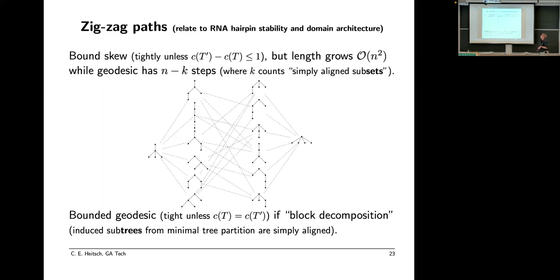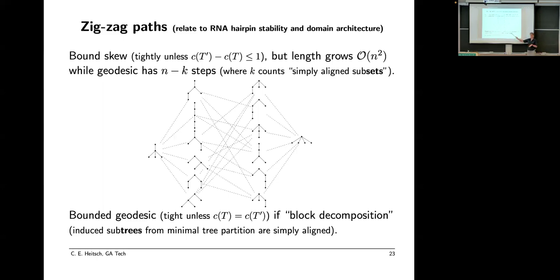And so an interesting question might be, can I move between them as efficiently as possible in terms of the branching skew and the path length? And we can do that.